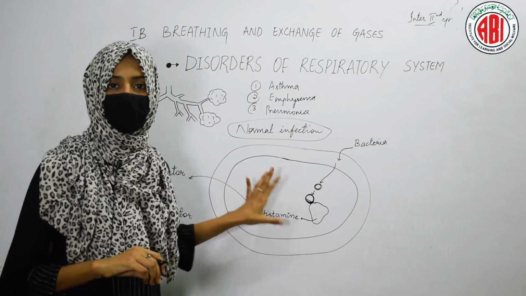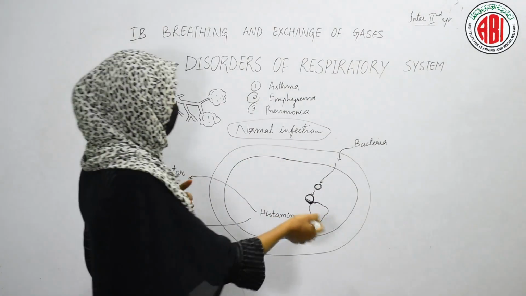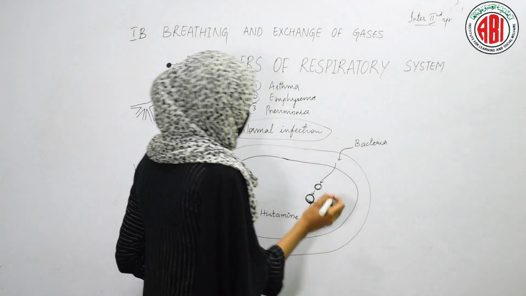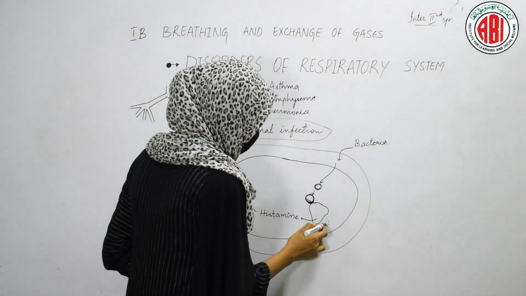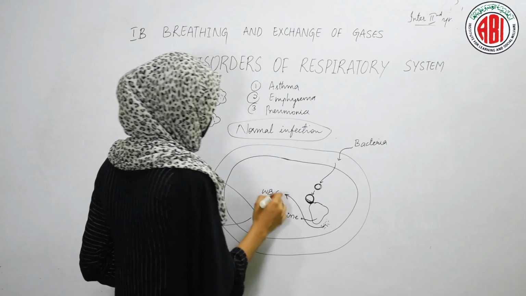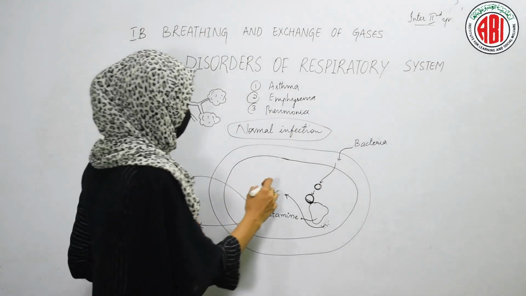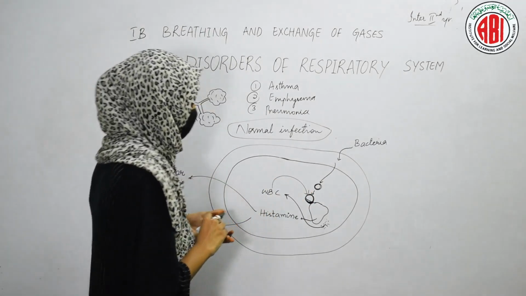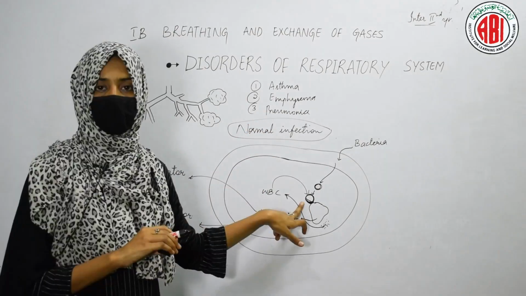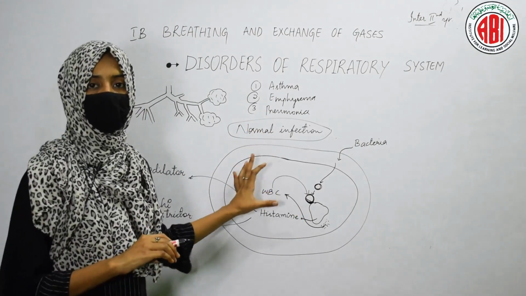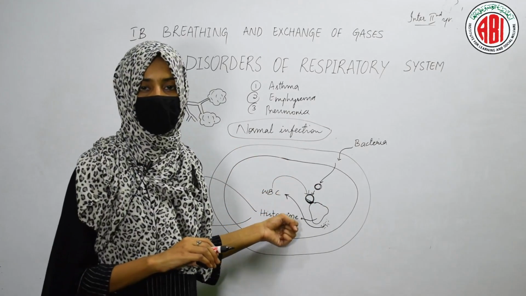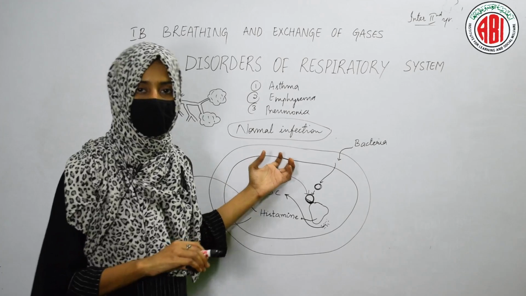By the release of this chemical, the fluid which is present in the cells of the organ also releases, and along with the fluid, some WBC, white blood cells, are also released, and these white blood cells help in preventing the growth of this bacteria. This process is called vasodilation. That means the release of fluid takes place, and along with the fluid WBC are also released.